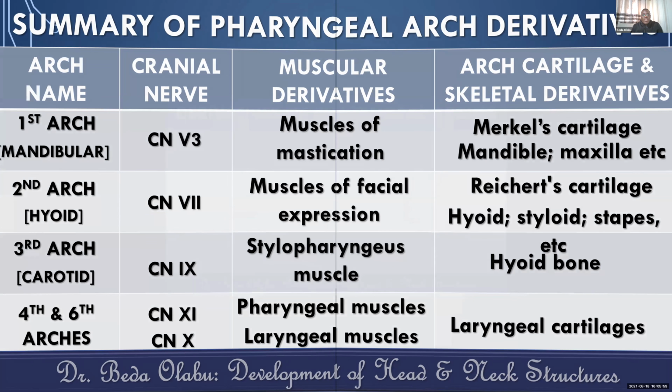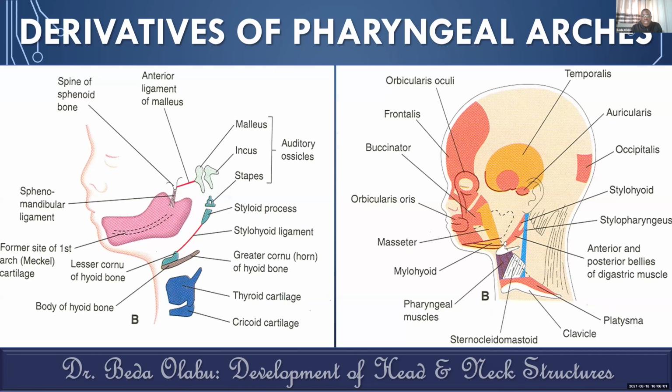Right, so I've made a summary for you on the derivatives of the different pharyngeal arches. And so what you look at here are just images of the different structures that come from the pharyngeal arches. On your left, perhaps showing you the skeletal derivatives of the different arches. And on your right, showing you the muscular derivatives of each of the arches.